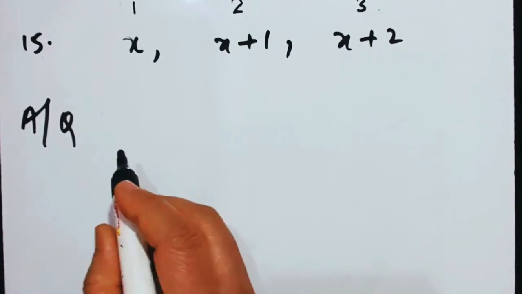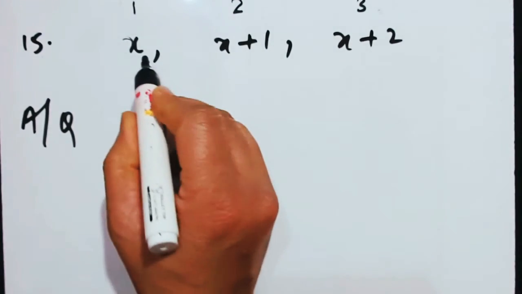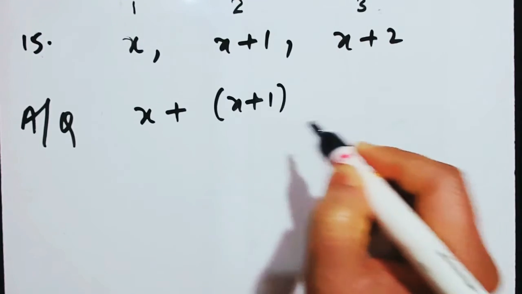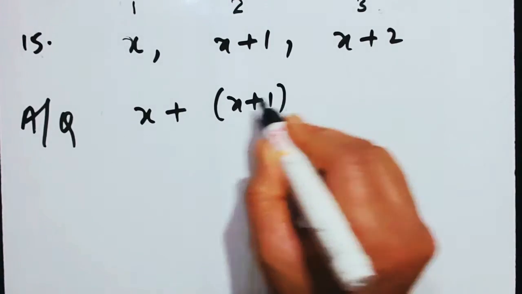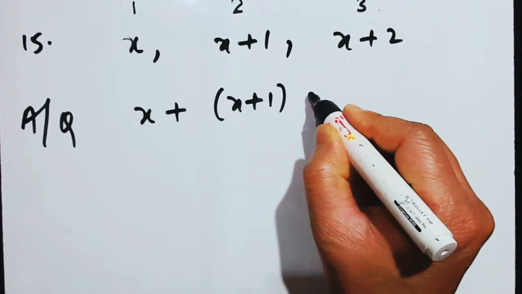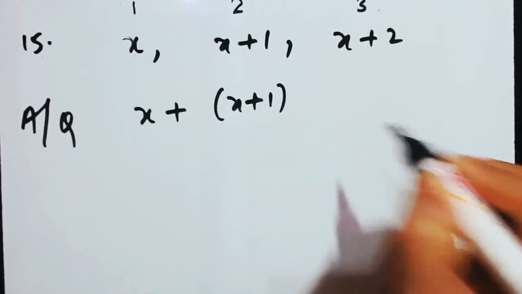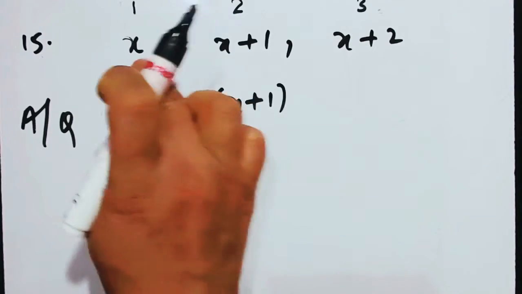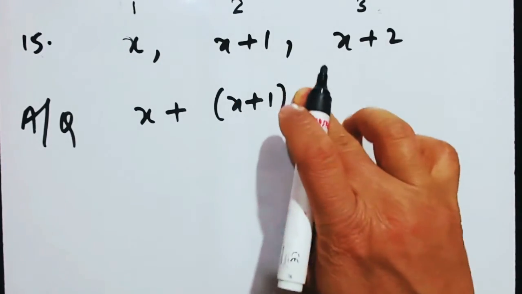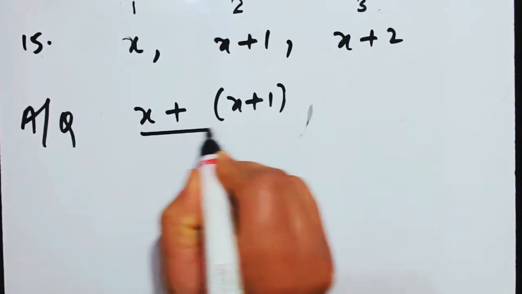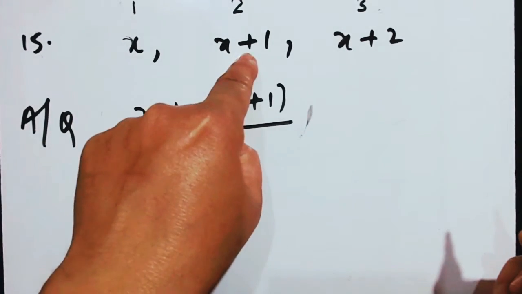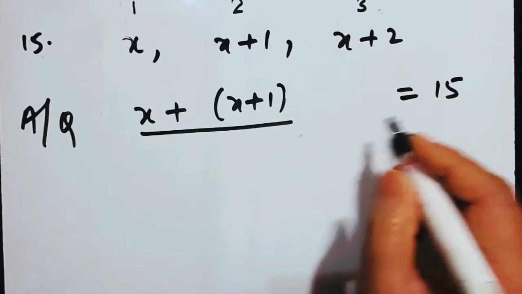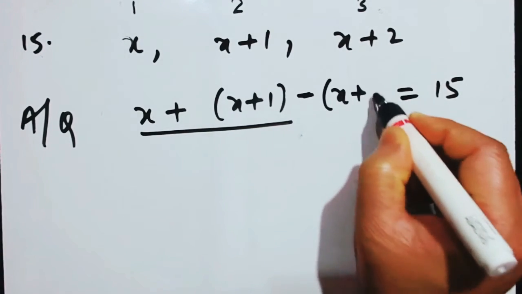The sum of the first and the second is 15 more than the third, which means the third is 15 less than the sum of these two.